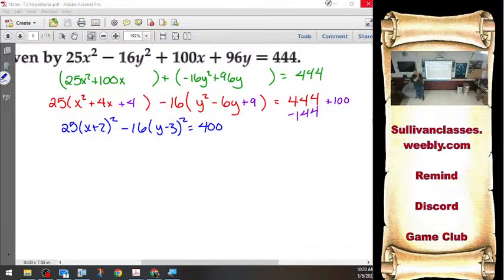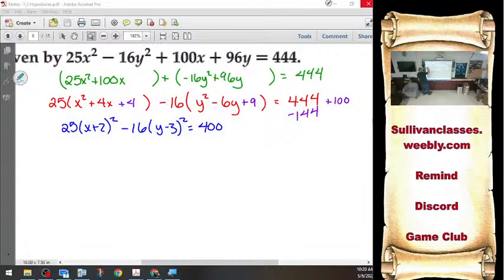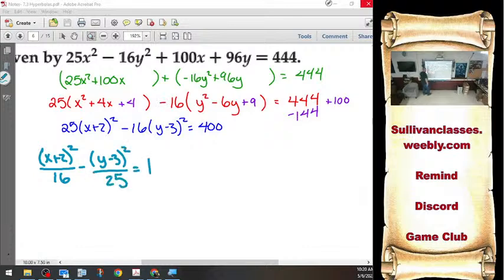Interestingly enough, 400 is 25 by 16. So, x plus 2, the quantity squared over 16 minus y minus 3, the quantity squared over 25 is uno.